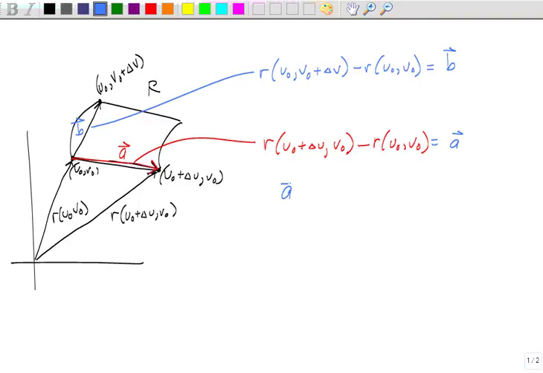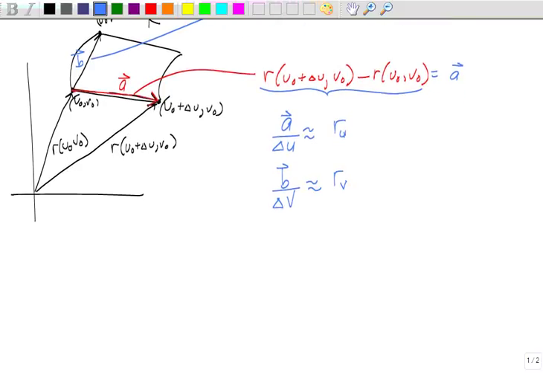So a divided by delta u is approximately the partial of r with respect to u, because if we divide this red expression by delta u, that's the first partial with respect to u without the limit. And if we take b and divide it by delta v, then that's approximately the partial of r with respect to v.